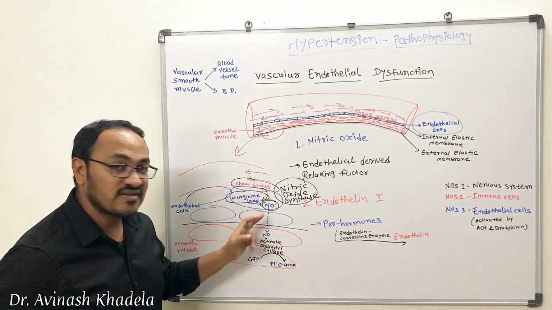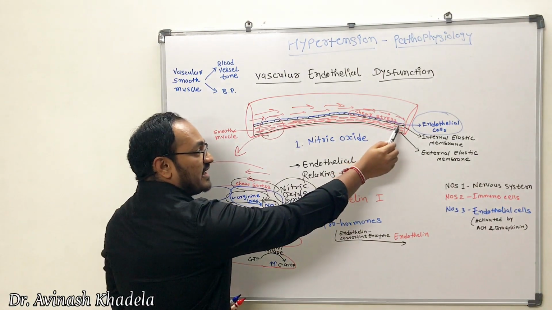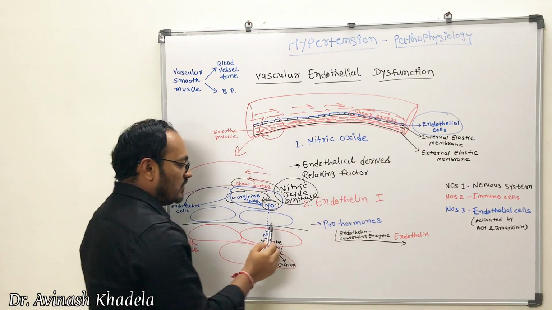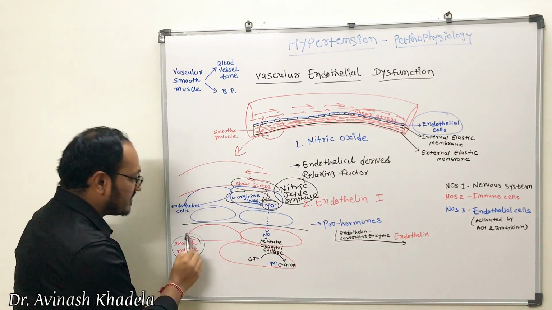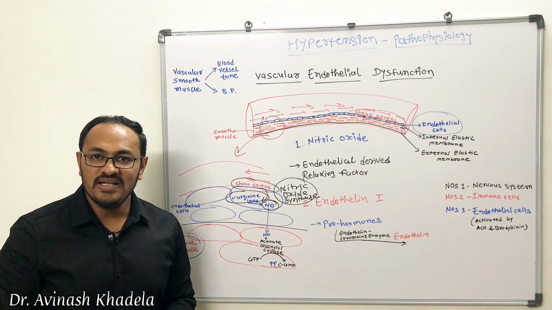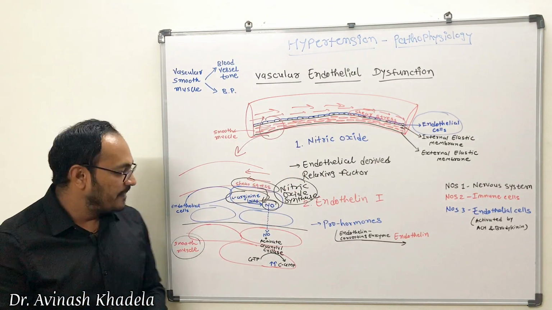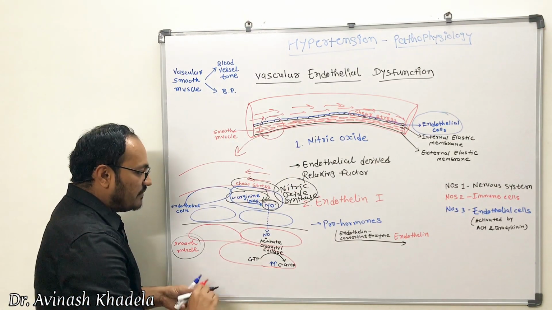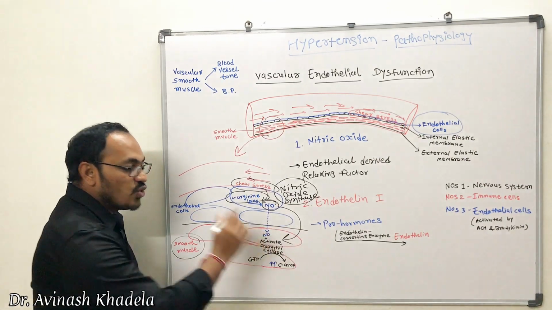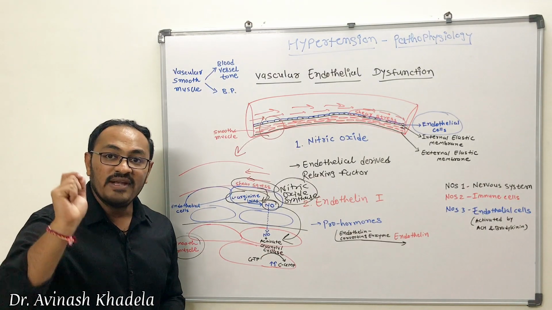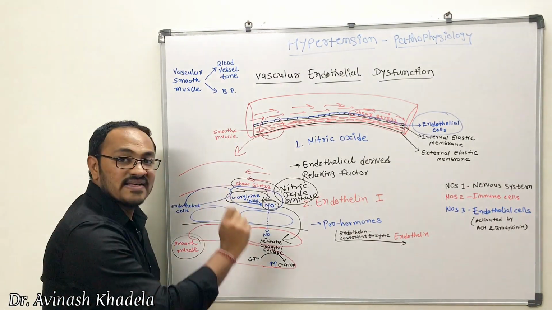This nitric oxide, synthesized in the endothelium, will penetrate to the smooth muscle present beneath the endothelial cell, separated by the internal elastic membrane. Now this nitric oxide is transferred to the smooth muscle, and here it will activate guanylyl cyclase.